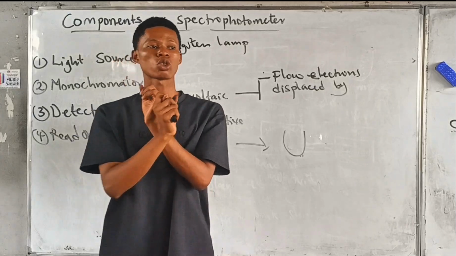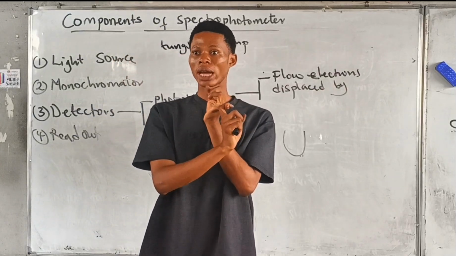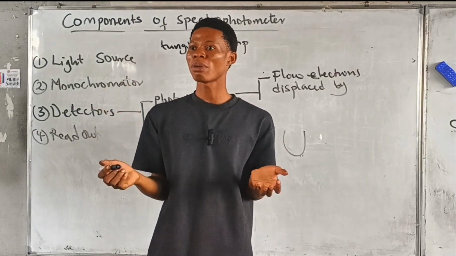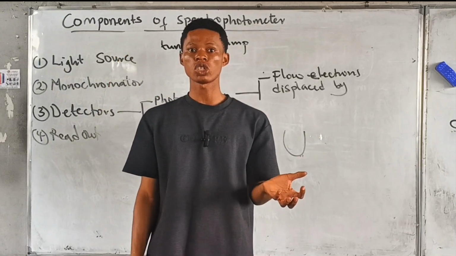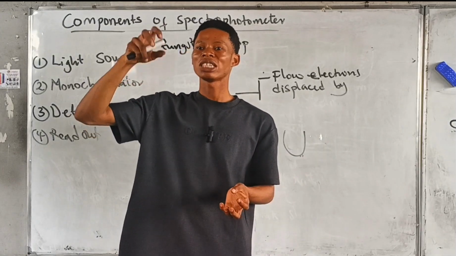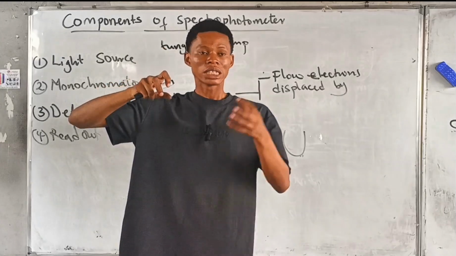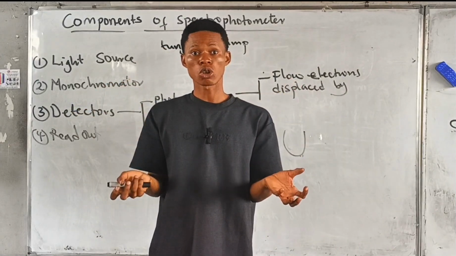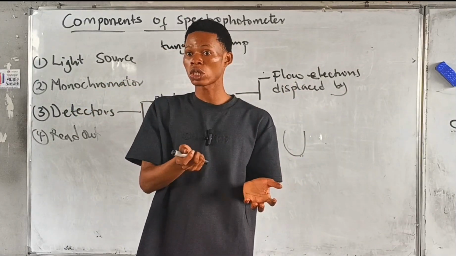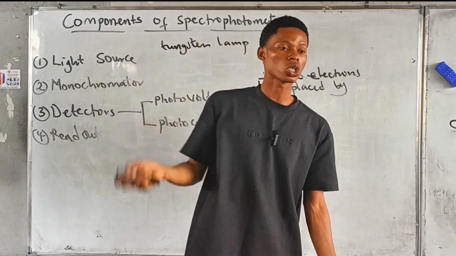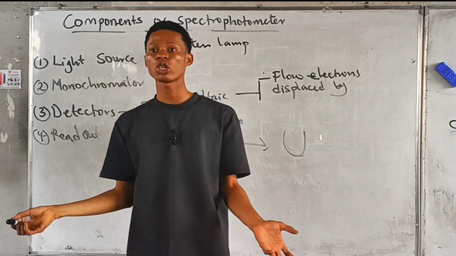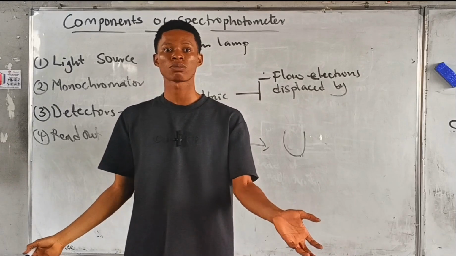First, we can use it to check for concentration, right? Because remember, from Beer-Lambert's law, absorption is directly proportional to concentration. So the more the substance absorbs light, the higher its concentration. So we can use a spectrophotometer to test for concentration of different substances.